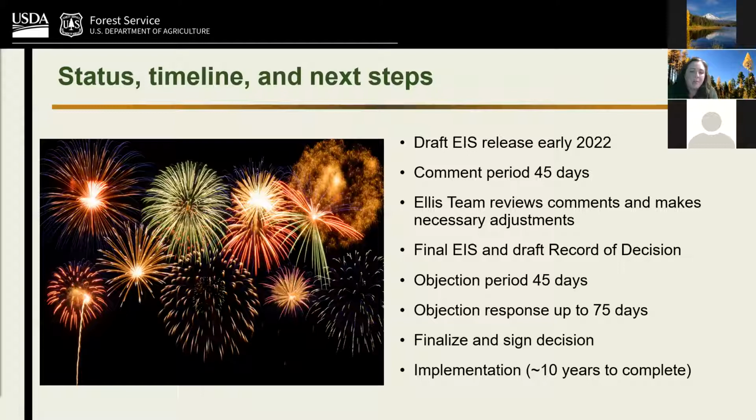So once the decision is signed, we're anticipating the implementation from this document to take about 10 years to complete. So that's the status and the timeline and how the NEPA process functions for this project.